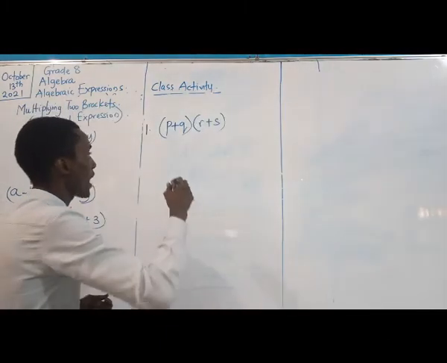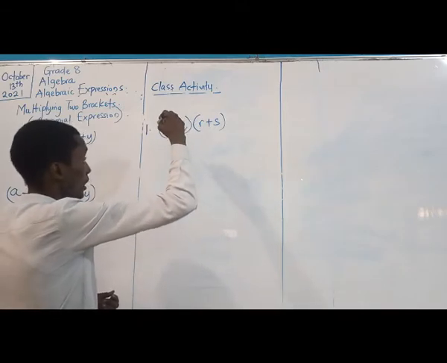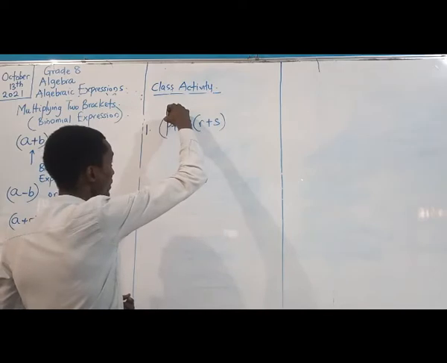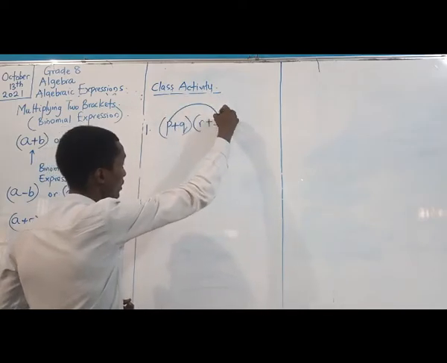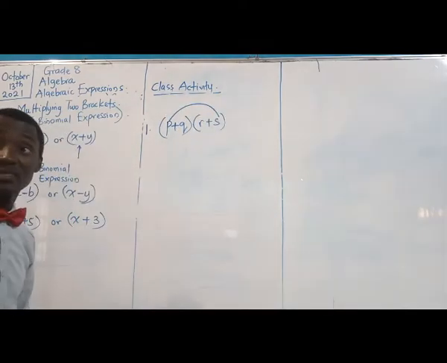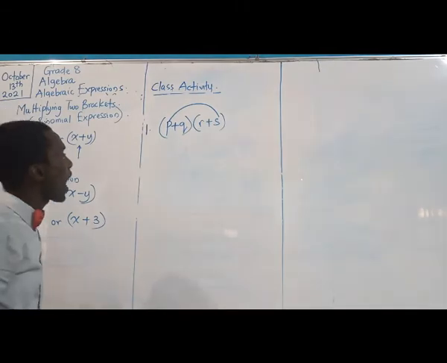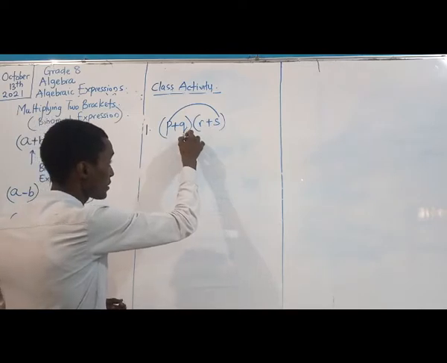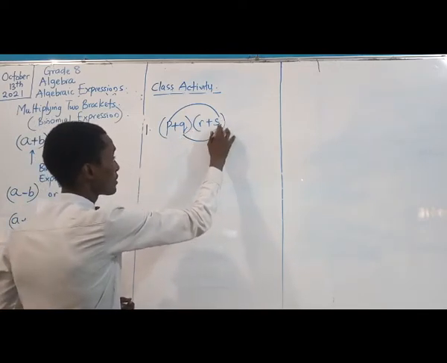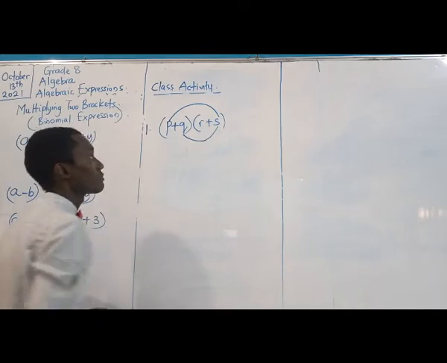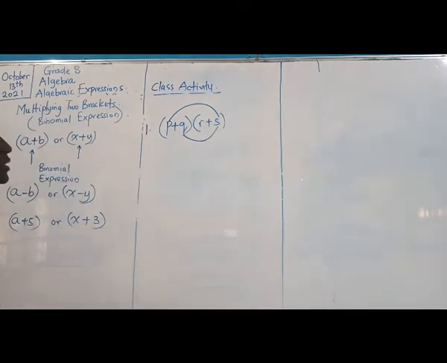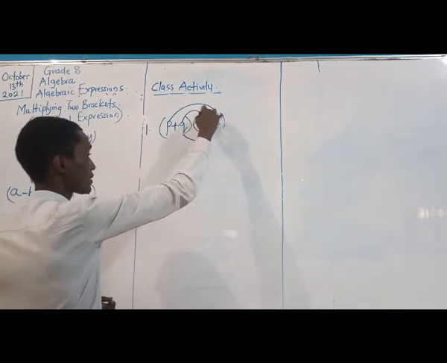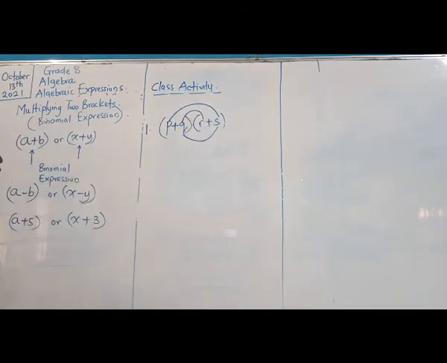This technique requires that I pick this, I use this to multiply first to first, and then I pick this, and then I pick this, and one more.